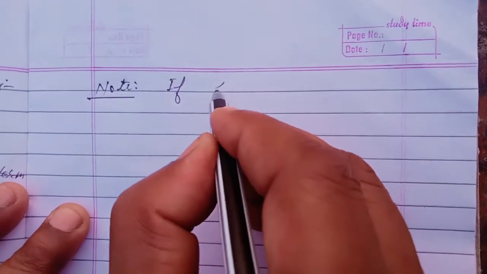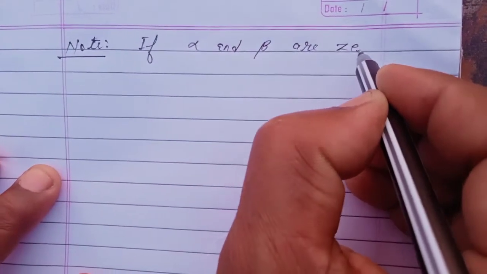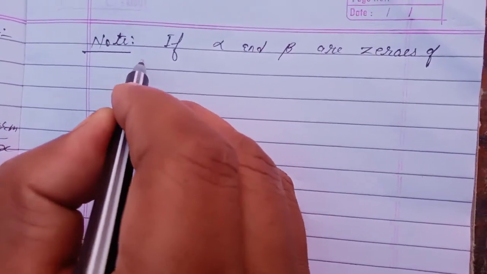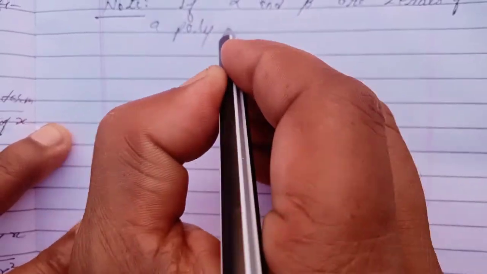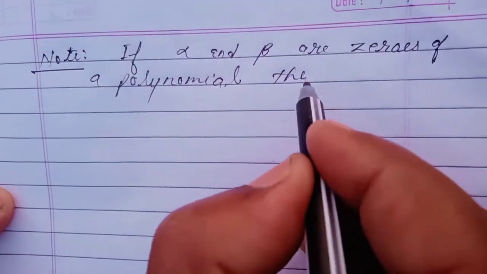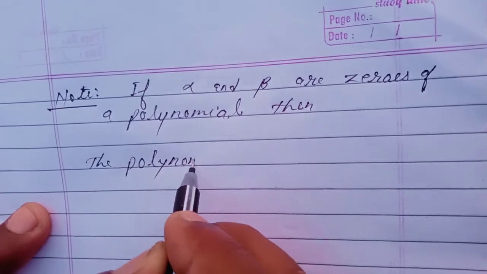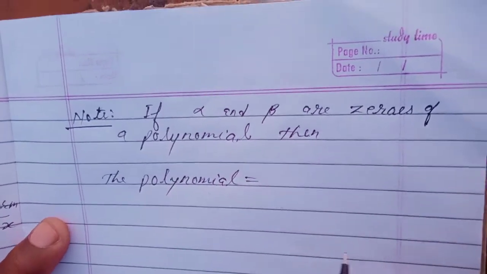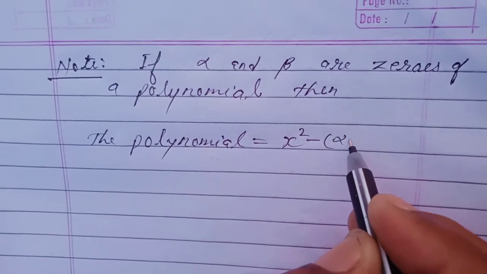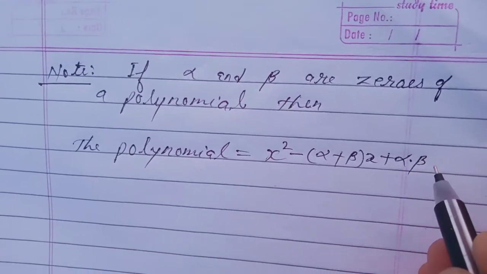If alpha and beta are zeros of a polynomial, then the polynomial is equal to x square minus (alpha plus beta) into x plus alpha into beta.